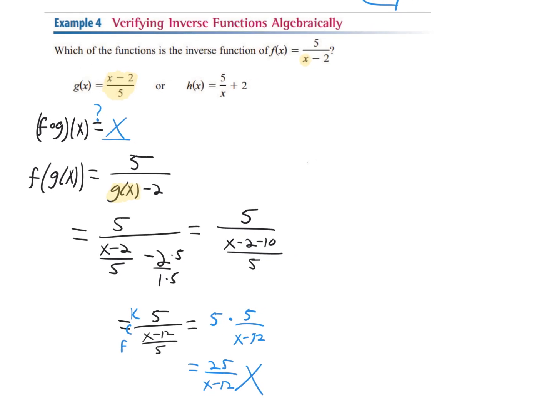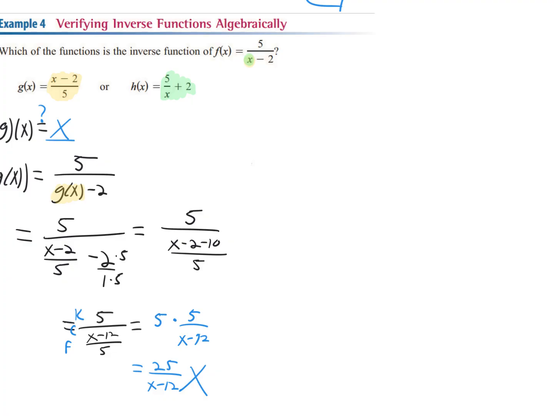So I'm going to plug in now h of x in for this x right here. All right, so when we do f of h of x, this is going to be 5 over, instead of x, it's going to be h of x minus 2.